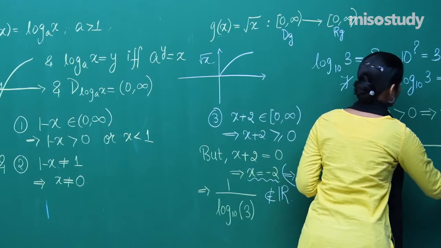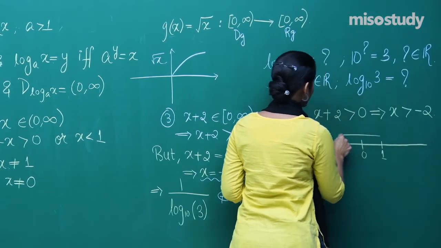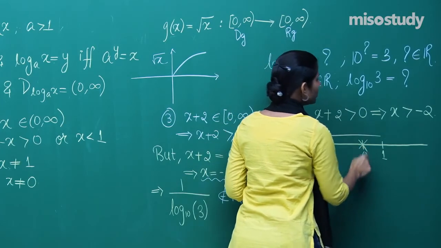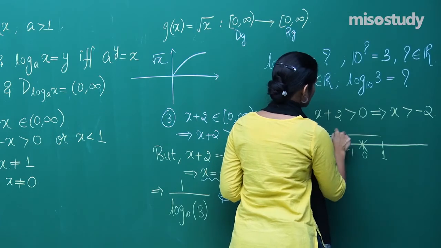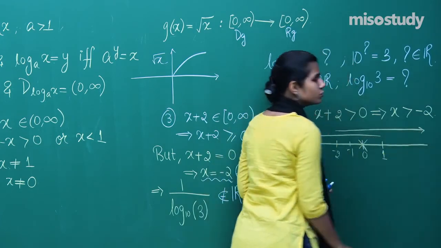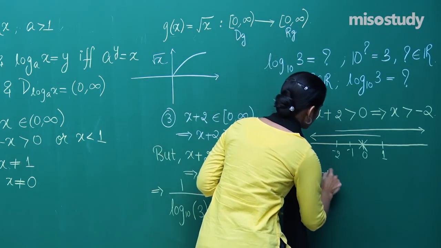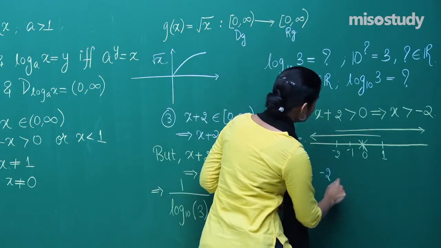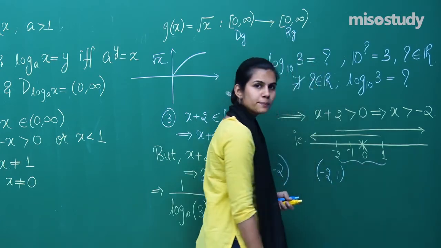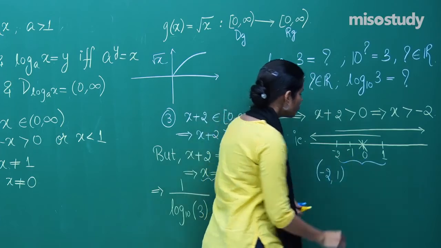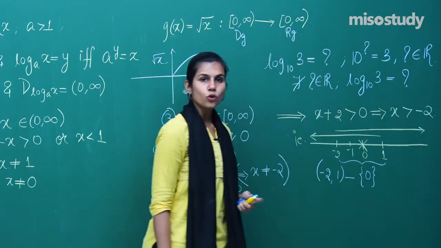If I on the number line try and plot, x has to be less than 1, not equal to 0 and greater than minus 2. That means the set that comes out to be is (minus 2, 1). From minus 2 to 1 is the common portion, and from it you just remove this 0.